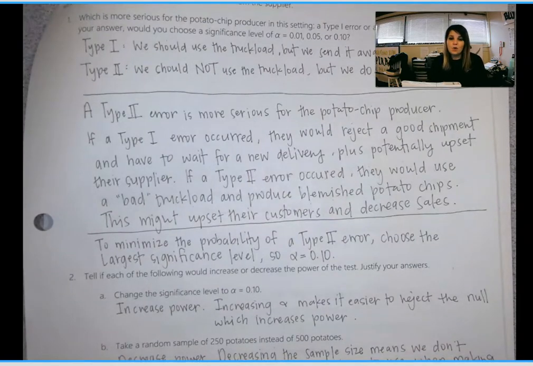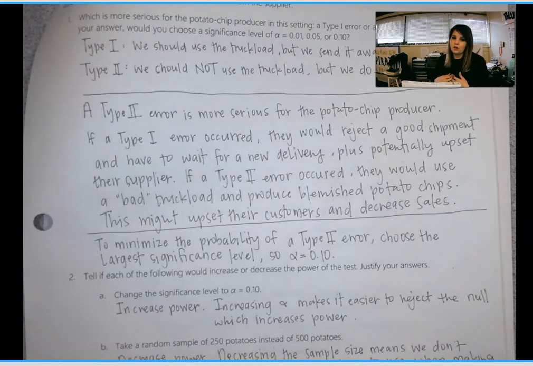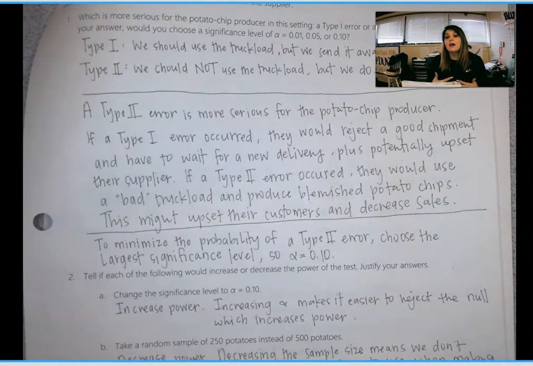If a type 1 error occurred, they would reject a good shipment, and the consequences to them would be that they have to wait for a new delivery, plus they're potentially going to upset their supplier like I just discussed. But a type 2 error will end up in you making blemished potato chips, which might upset your customers and decrease sales.